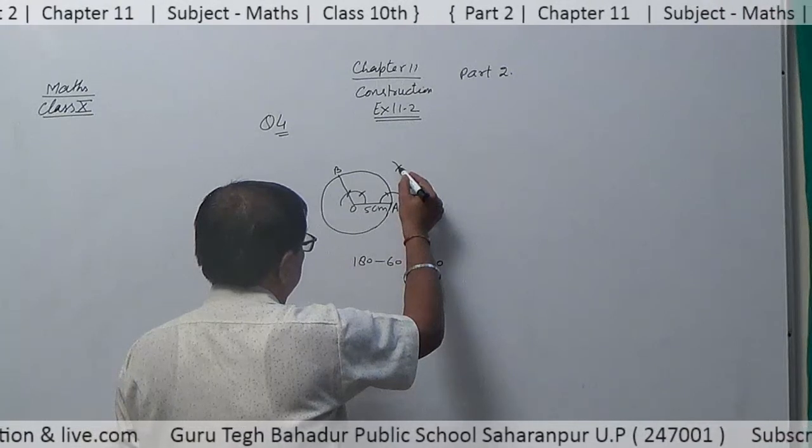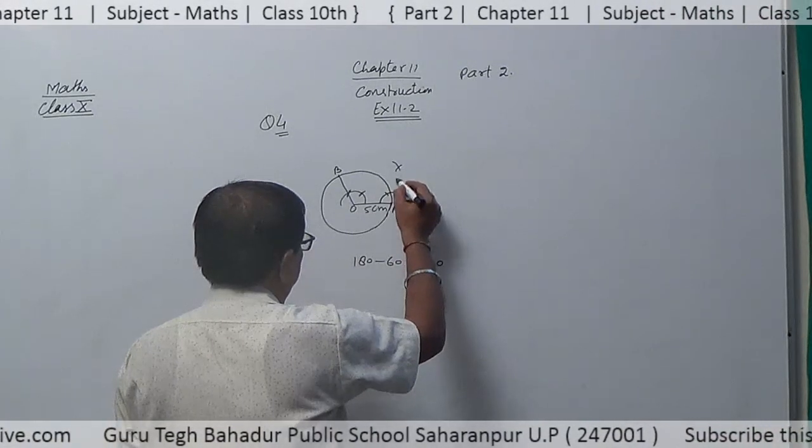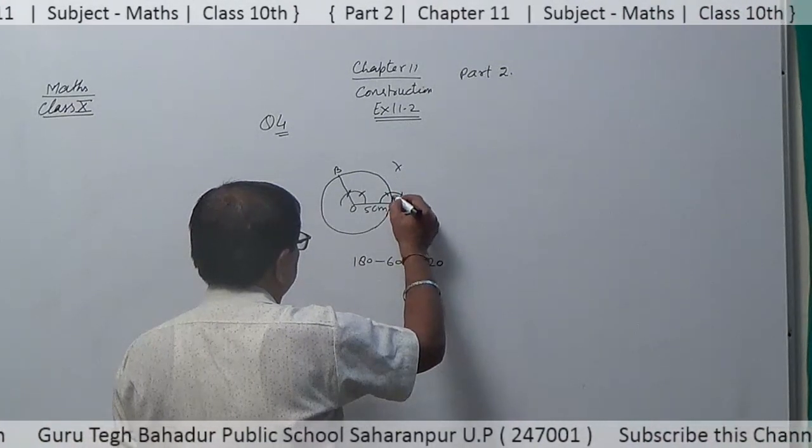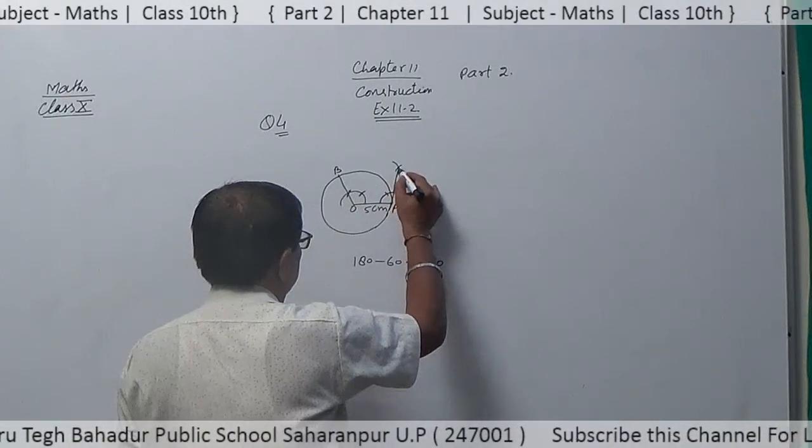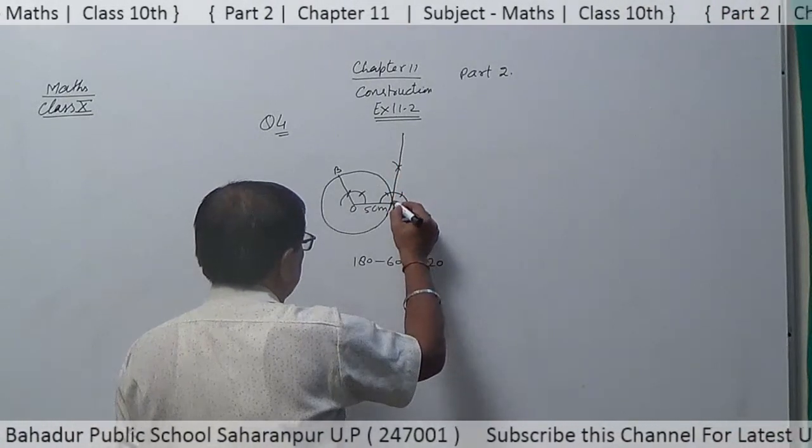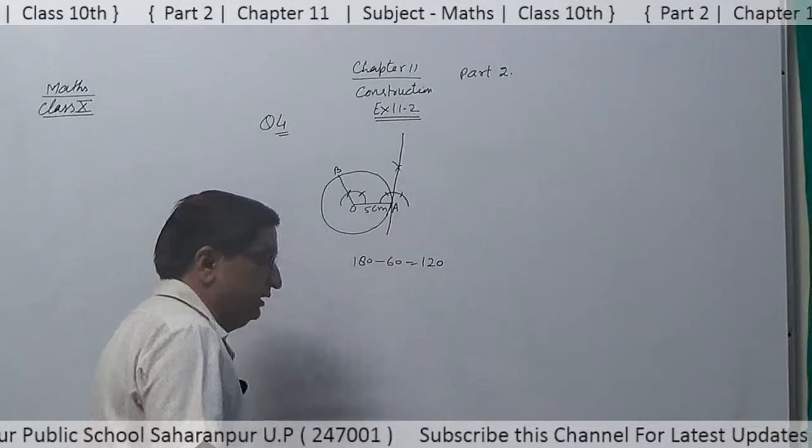So, join this with point A. This is the tangent.